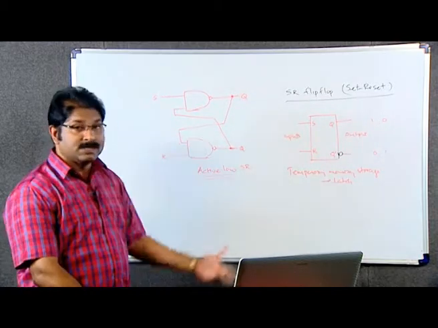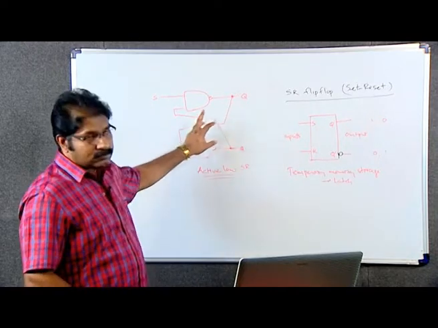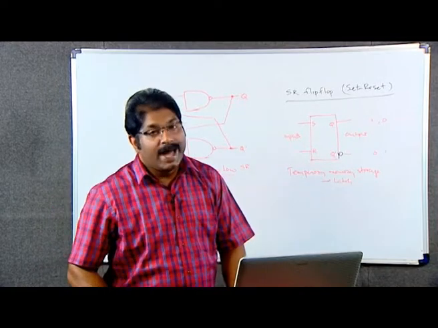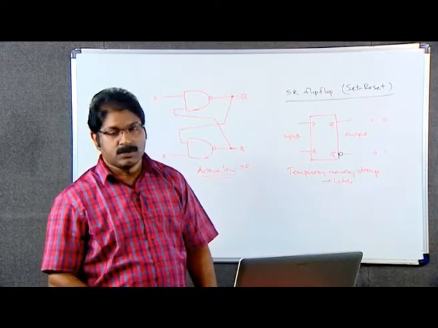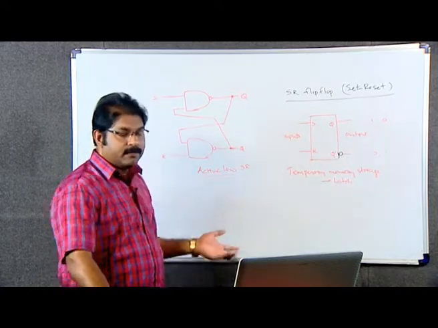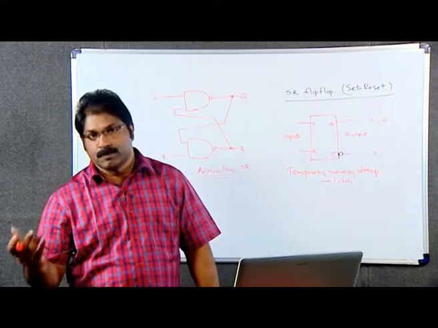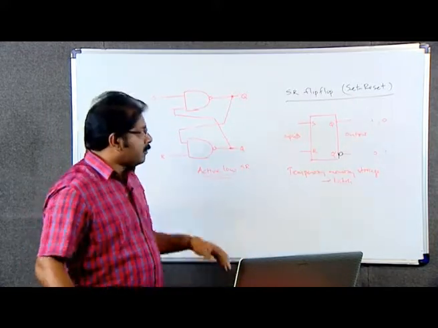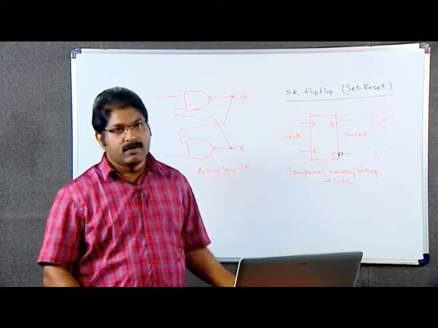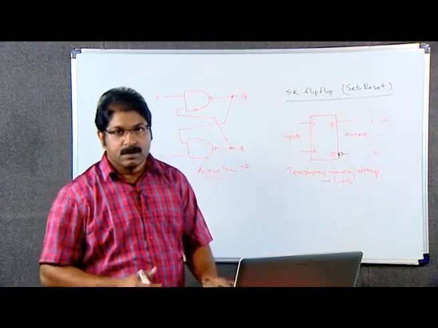In the previous case, when we constructed the SR flip flop from NOR gates, we call it an active high SR flip flop. So, you have two kinds of flip flops, one made from NOR gates and the other from NAND gates. If you make it from NOR gates, we call it active high, and from NAND gates we call it active low. The reason will be specified later.